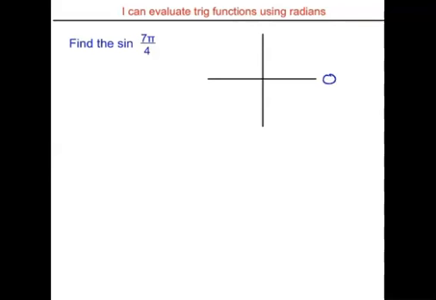So remember, this is 0, this is pi, this is pi over 2, this is 3 pi over 2, and if we're going into fourths, 1/4, 2/4, 3/4, 4/4, 5/4, 6/4, 7/4. This is where 7/4 pi is. It's right here.